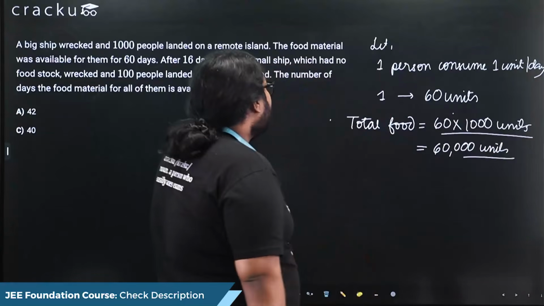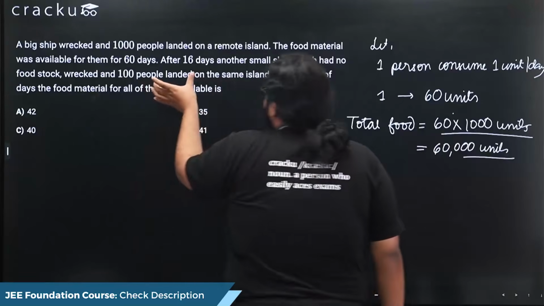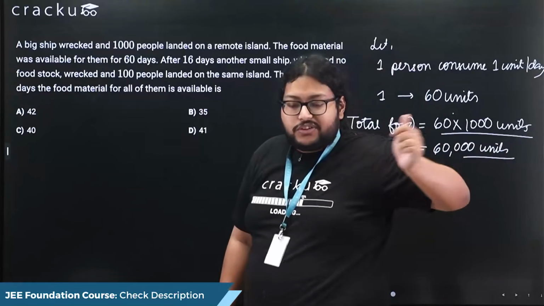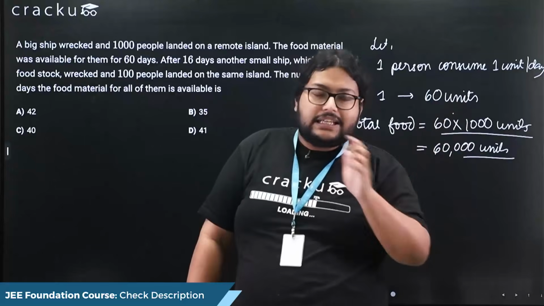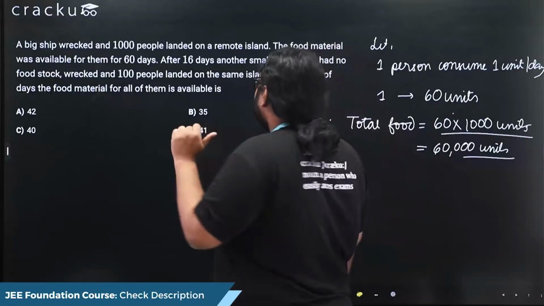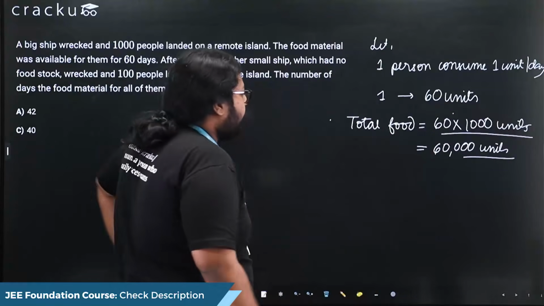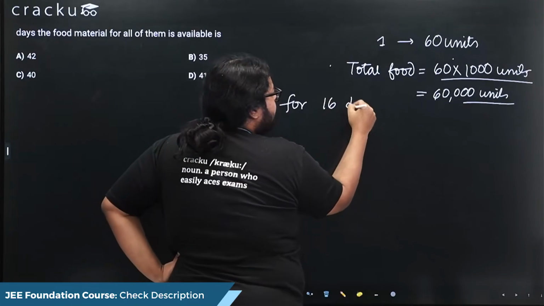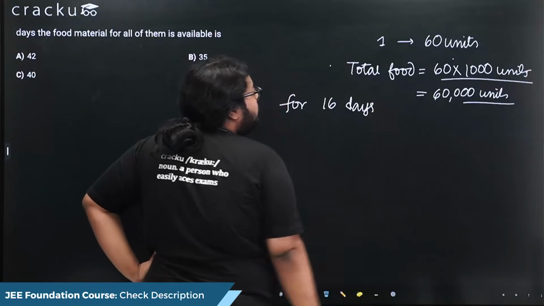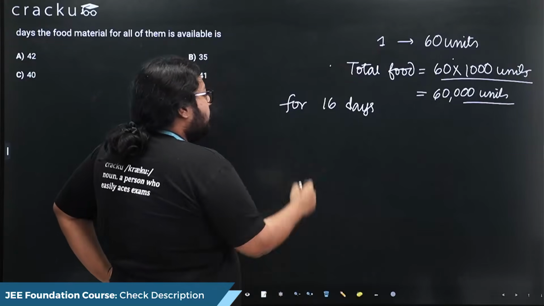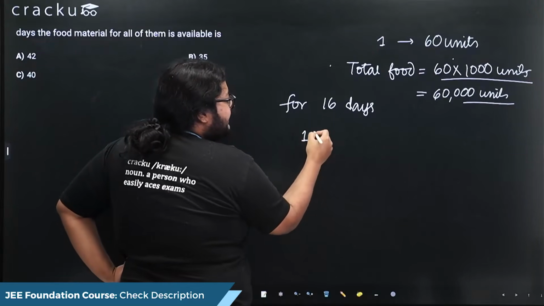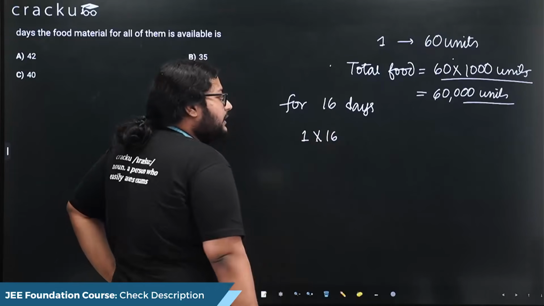Now, after 16 days another ship came. So for the first 16 days they had eaten the food. How much food was spent? One person consumes 1 unit, so in 16 days he consumes 16 units.